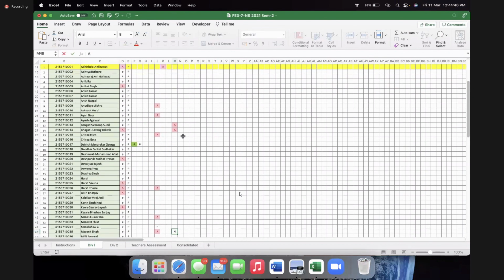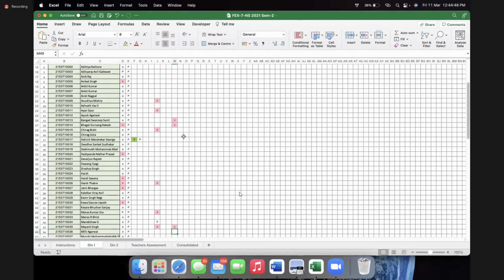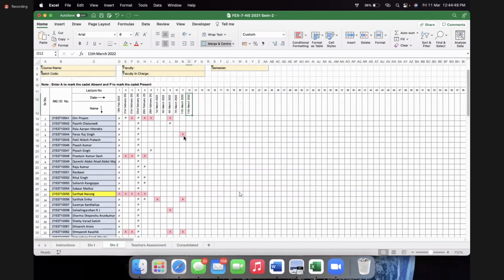Division 2, who are absent? 048. 051. Ranbir. 054. That's it, sir.